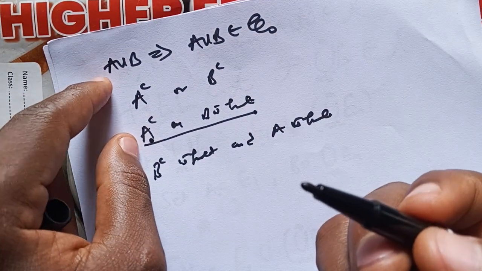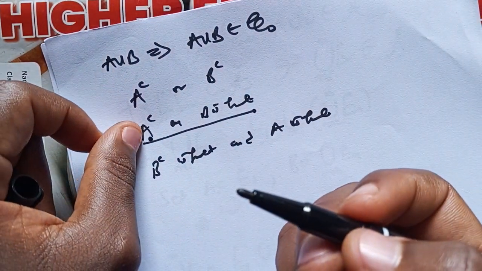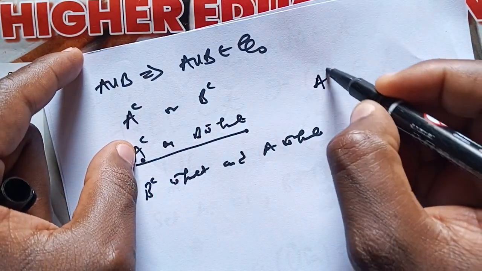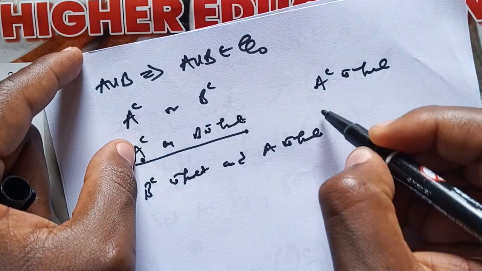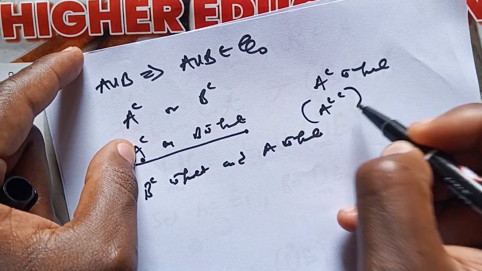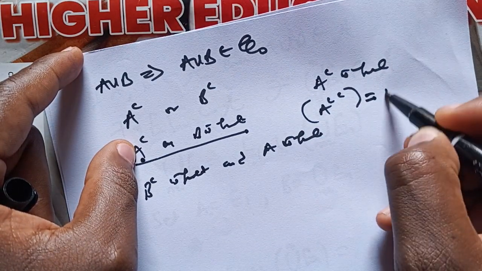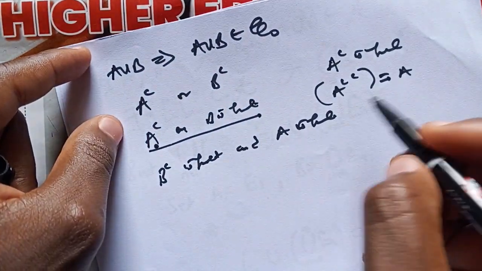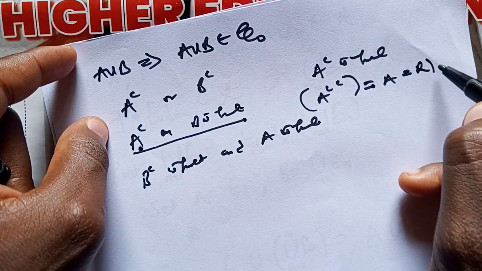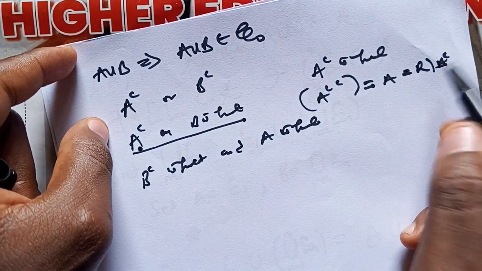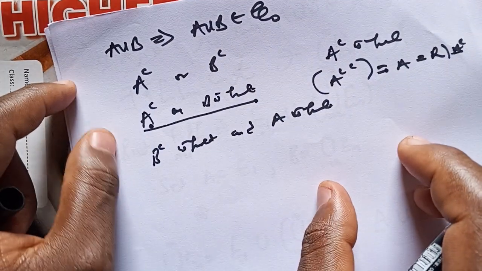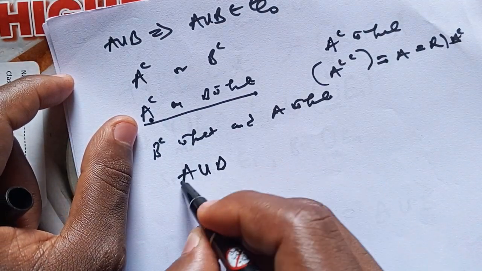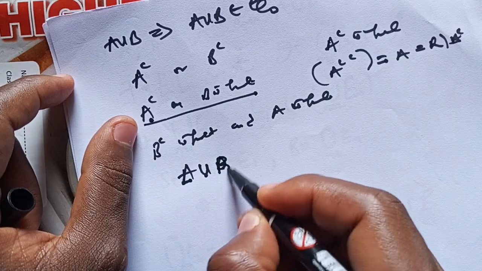Infinite in R, because if A complement is finite, then A is R difference A complement, which is going to be what? Infinite. So A union B, that's an infinite set union an infinite set, will be what?